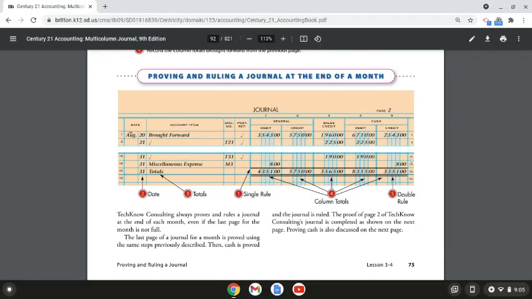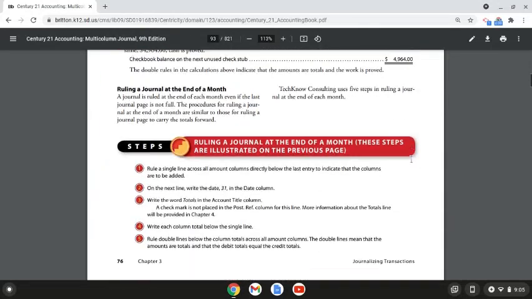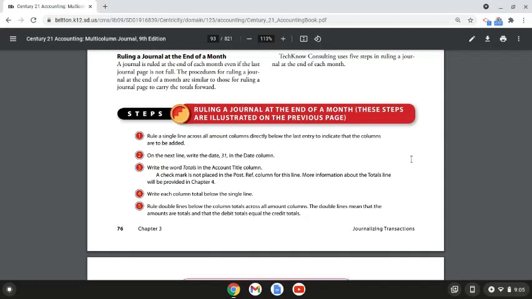Okay, next we'll be talking about proving and ruling a journal at the end of a month. The instructions for this are on the next page, so let me go to that. When we prove and rule a journal at the end of a month, there are 5 steps that we follow. The first step is we rule a single line across all amount columns directly below the last entry to indicate that the columns are to be added.